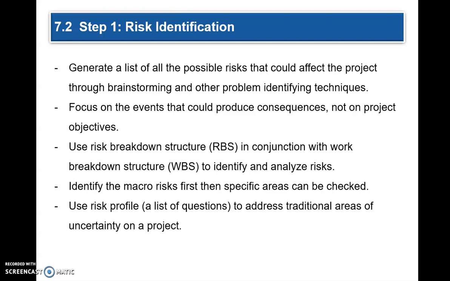So in step one, risk identification, you generate a list of all possible risks that could affect the project. And usually you use brainstorming tools and other techniques that are available to you to identify the possible risks.